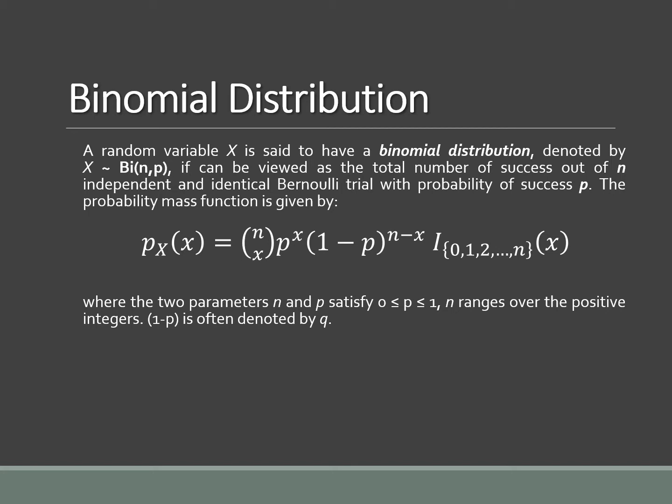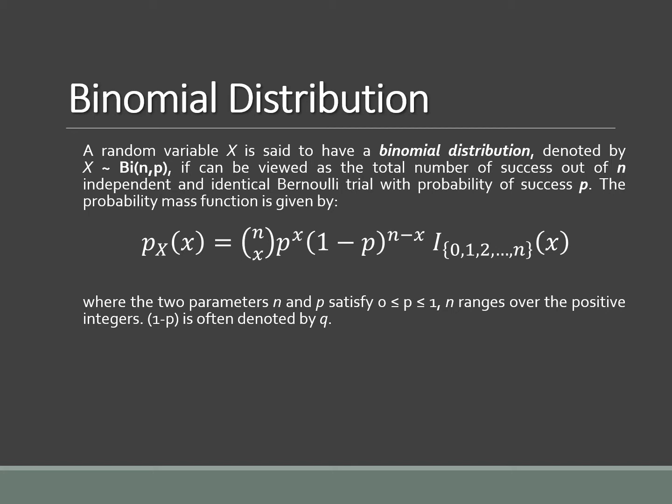So the probability mass function of the binomial distribution is given by the equation that you could see, where the two parameters n and p must satisfy that p should be in between 0 and 1, since it is a probability by definition of probability, and n ranges over the positive integers.